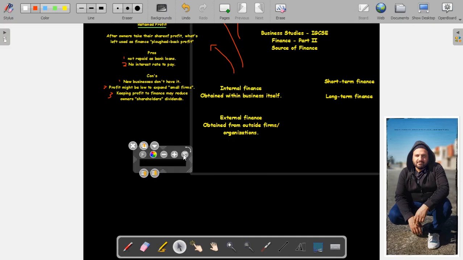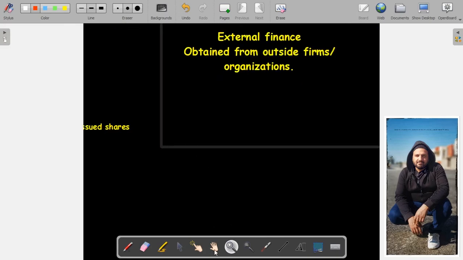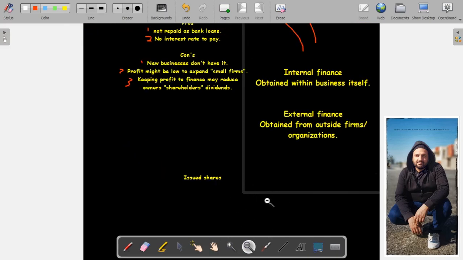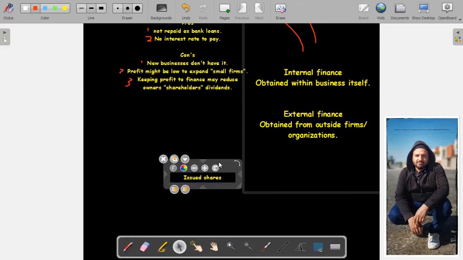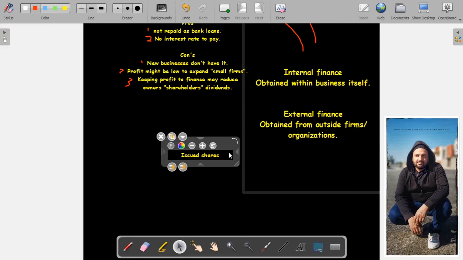of external finance is the issued shares. What does issued shares mean? If you remember when we talked about limited companies, they put up shares. If you're using a private limited company, not public, you can ask your family members or friends to invest in the business and they will have some shares.